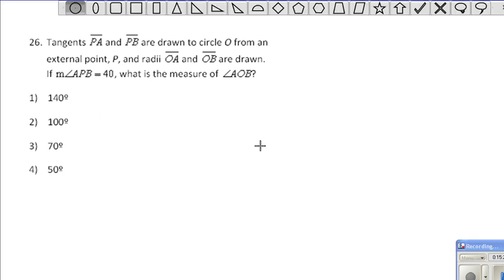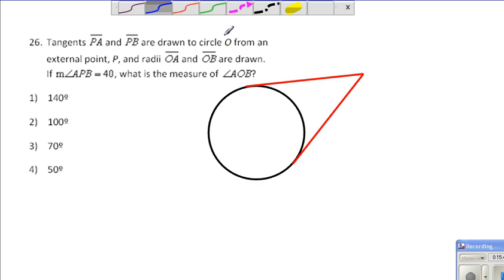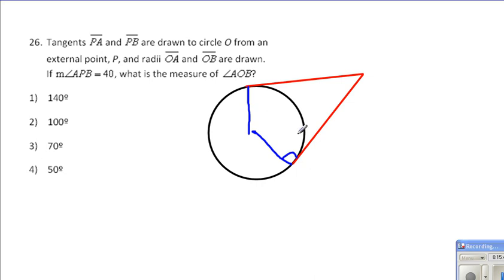As soon as you see the radius and then tangent, that's 90 degrees, and then this angle is 40, and the question is A or B. One thing which we can do is we can just add them up.